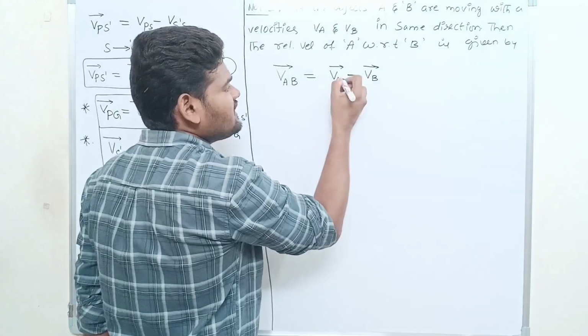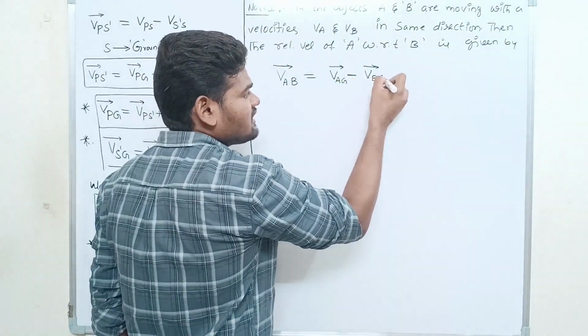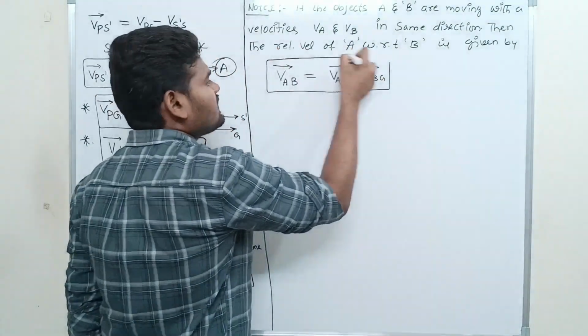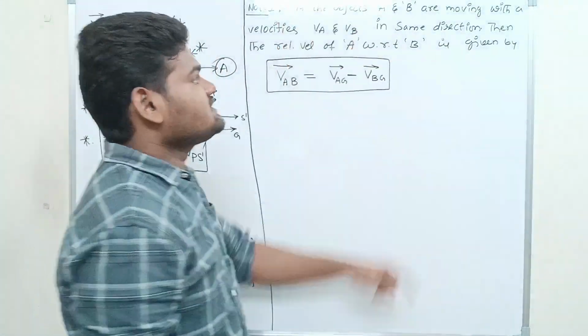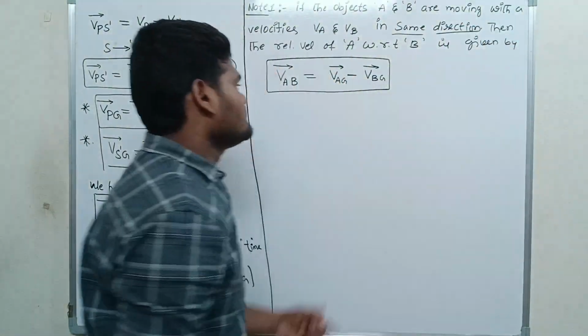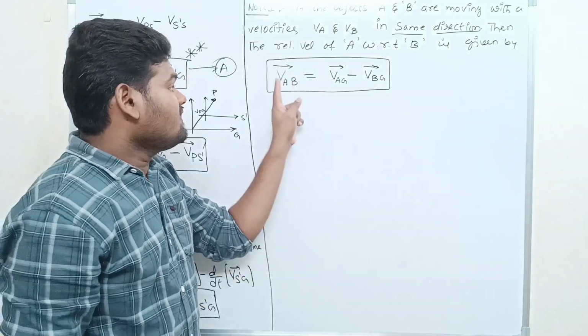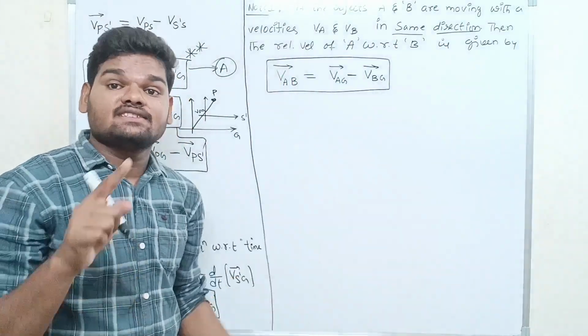So VA minus VB is what? Velocity of A minus velocity of B with respect to ground, and these two objects must be moving with velocities VA and VB in the same direction. So this is the relative velocity of object A with respect to B when these two objects are moving in the same direction.